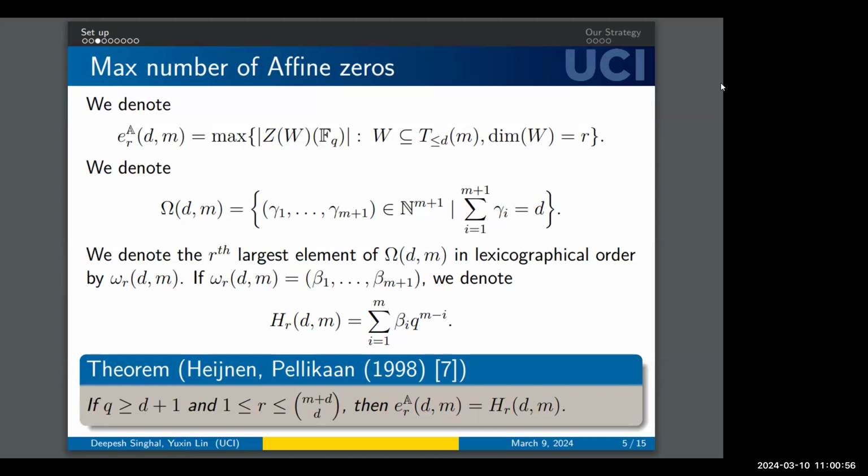It would be some tuple beta_1 to beta_m. And we form a polynomial in q: we take powers of q with exponents corresponding to these beta_i's, which is the rth largest tuple in lexicographic ordering. The theorem by Heijne and Pellikaan was that if q is at least d plus 1, then the exact formula for e_r^A is precisely this polynomial in q.